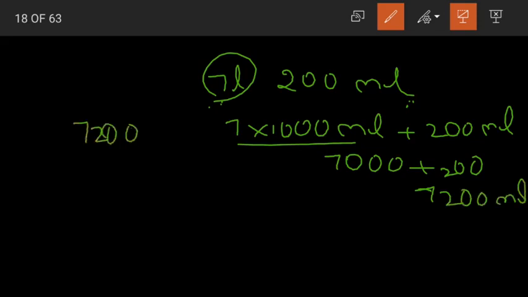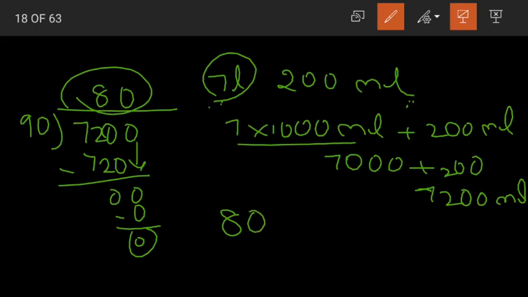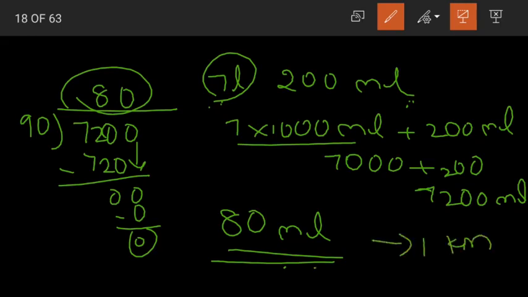Now this is for how many kilometers? 90 kilometers. So 9 eights are 72. When we subtract, 0 is remaining, 0 brought down. 9 zeros are 0, 0 is our remainder. What is the quotient here? 80. What is this 80? 80 milliliters of petrol is used for 1 kilometer.